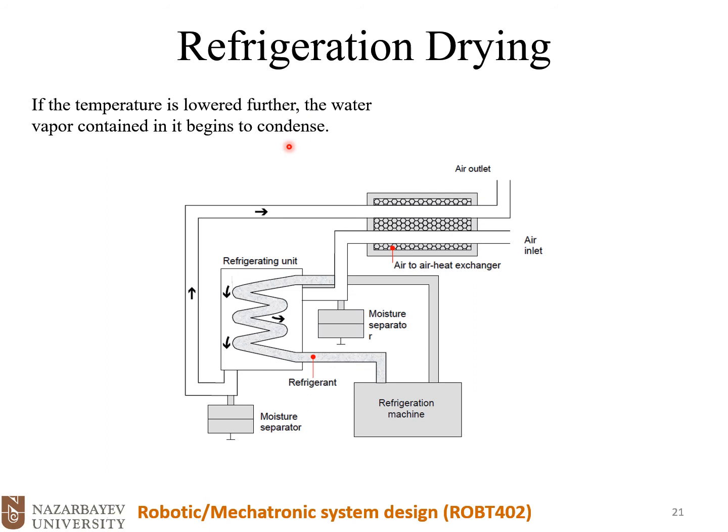Okay, and you have already observed that in your refrigerators, and you've seen that the humidity of the air will be condensed in your freezer or refrigerator. Let's go through the mechanism here and see how it works.